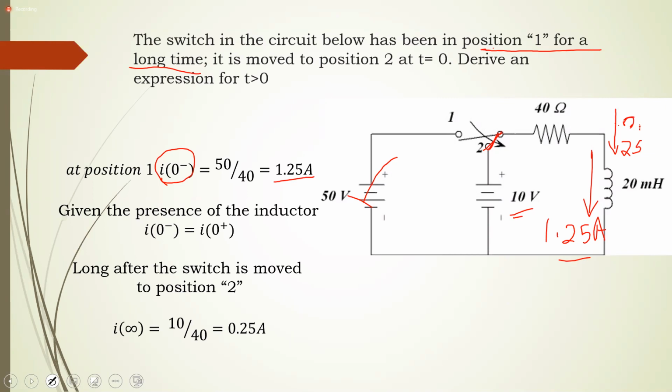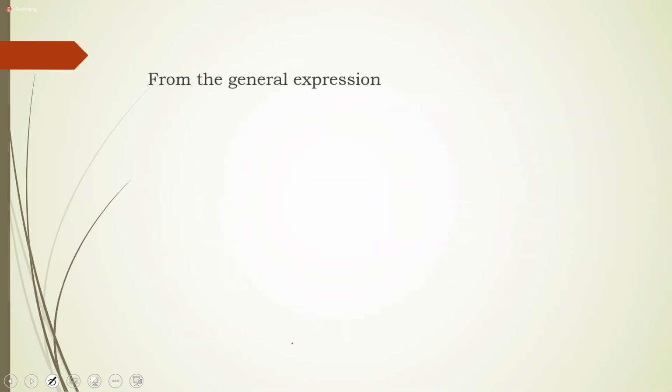And based on the definition that we gave earlier, this would be equal to B. B is the current at infinity, which is 0.25 ampere.